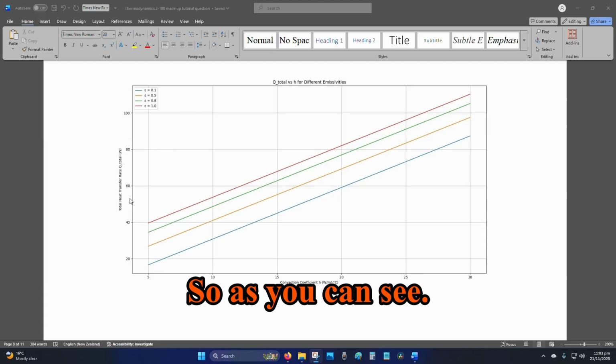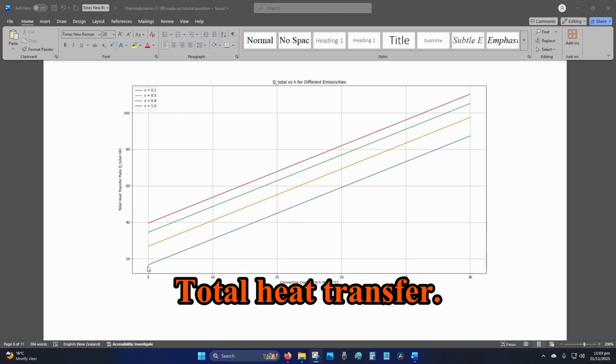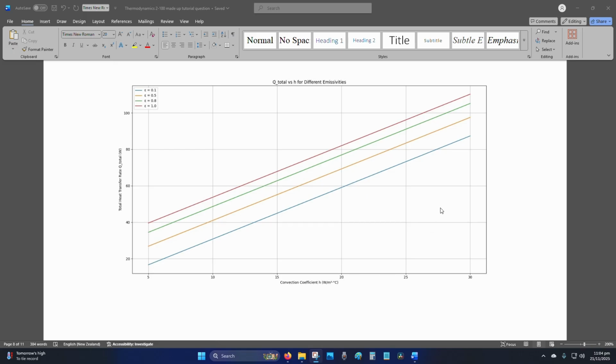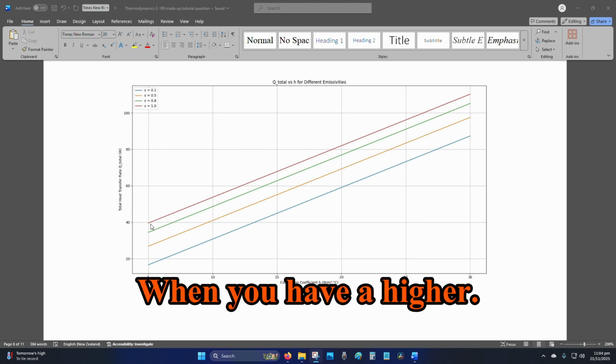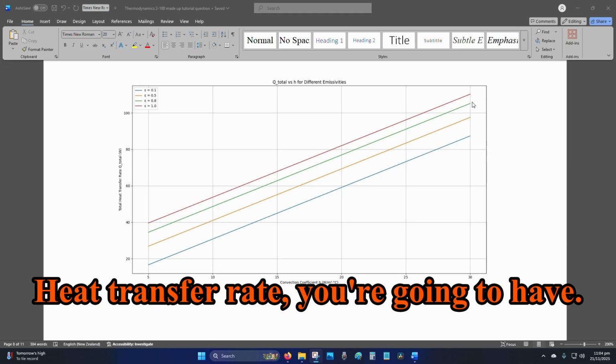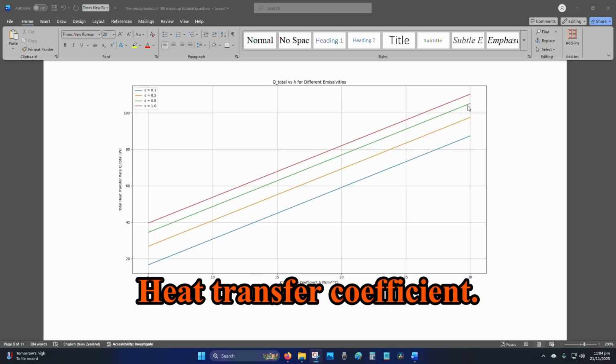So as you can see, when you have a low total heat transfer, you're going to have a slightly lower coefficient. When you have a higher heat transfer rate, you're going to have a higher heat transfer coefficient.